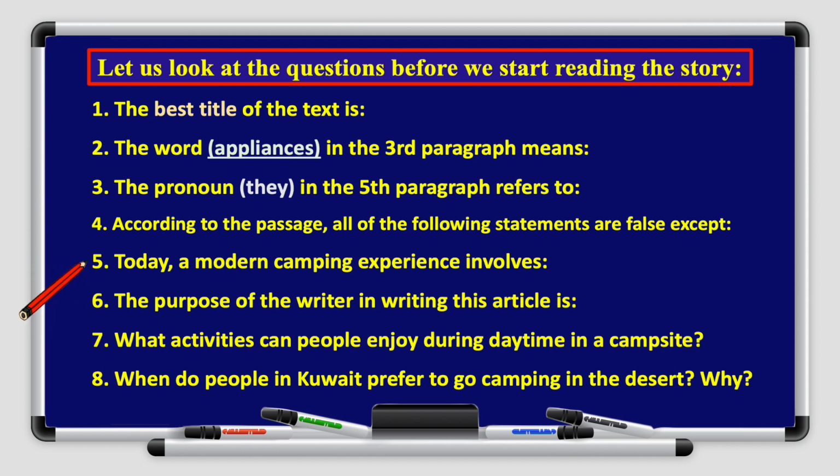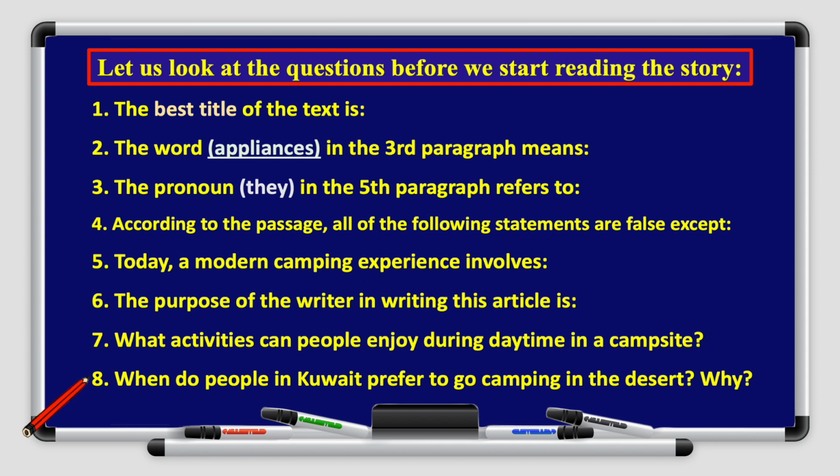Number 5, today a modern camping experience involves what exactly? 6, the purpose of the writer in writing the article is what? 7, what activities can people enjoy during daytime in a campsite? From your own experience, if you ever tried it. When do people in Kuwait prefer to go camping in the desert? Is there a specific season?